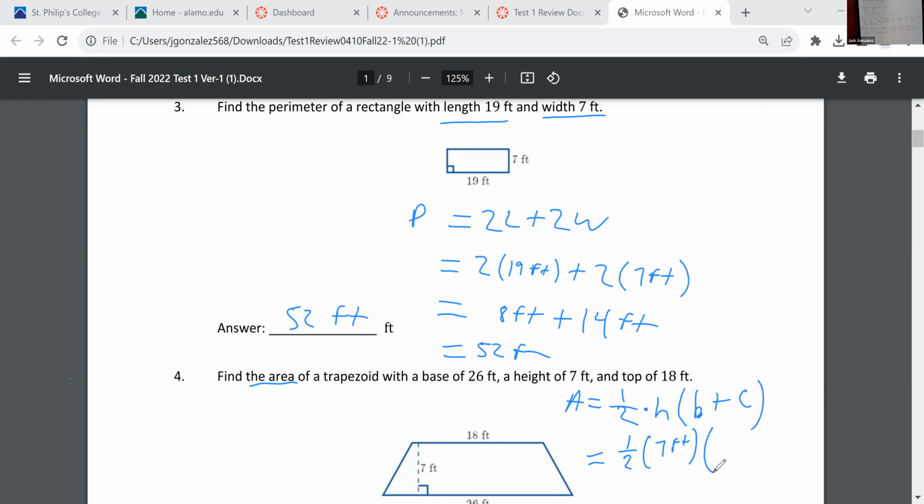Yes. The bases are 26 and 18. It's 26 plus 18, and 7.